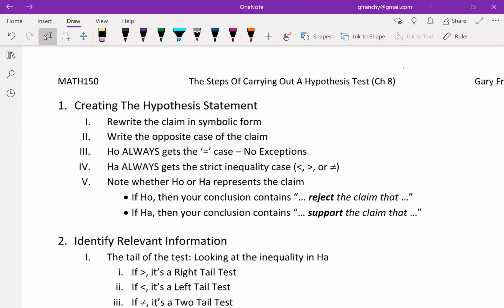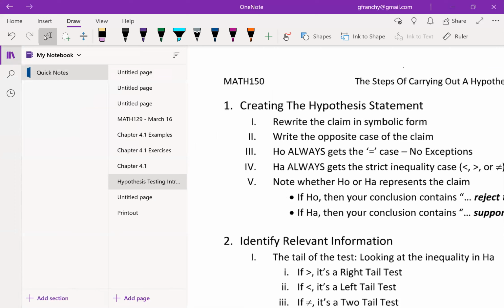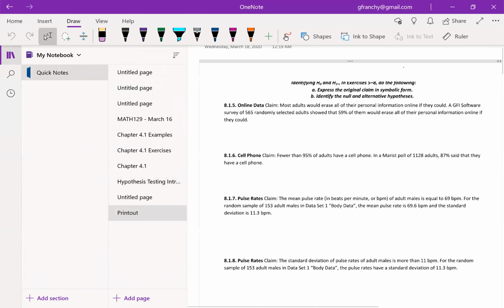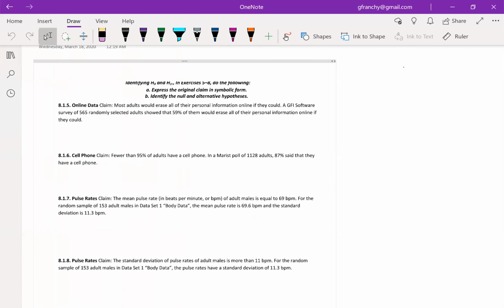The alternate always gets the strict inequality. And even though that's enough to finish the hypothesis statement, we're going to go one more step. And this is about the conclusion at the very end. But if we do this step early, it's going to make writing the conclusion a lot easier. So let's go over to some examples.